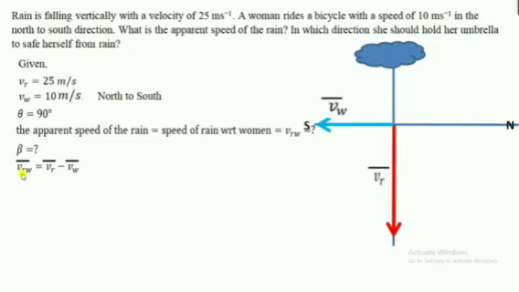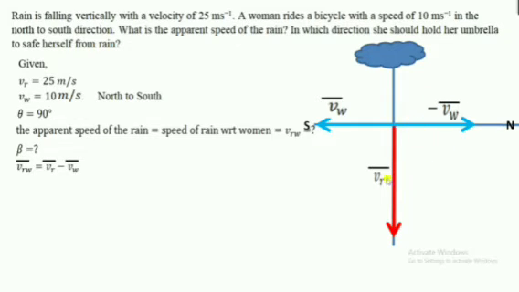This is the formula for velocity of rain with respect to woman, that is VR minus VW. So now we need minus VW, but we don't have minus VW out here, so we'll reverse this vector. So out here we'll get minus VW. So now VRW, velocity of rain with respect to woman, is the resultant of VR and minus VW.